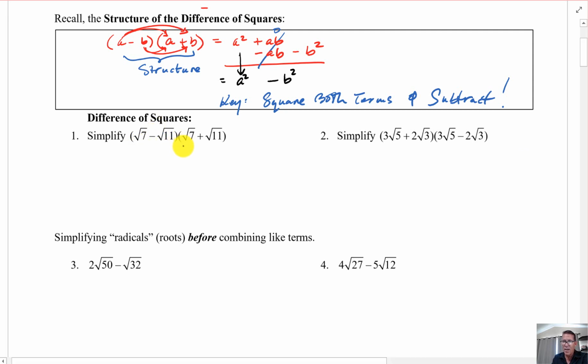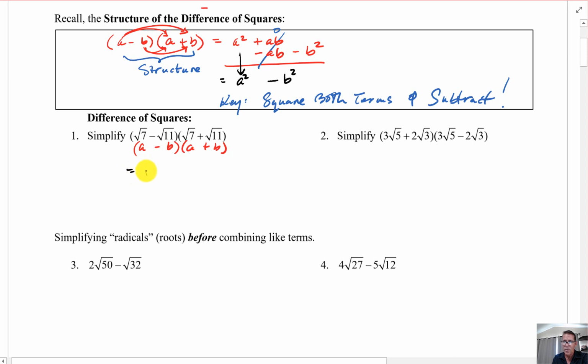So root 7 minus 11 times the quantity root 7 plus 11. Obviously this is a minus b times a plus b. There's your structure. So it has the same structure as the difference of squares. So all you have to do is square both and subtract.